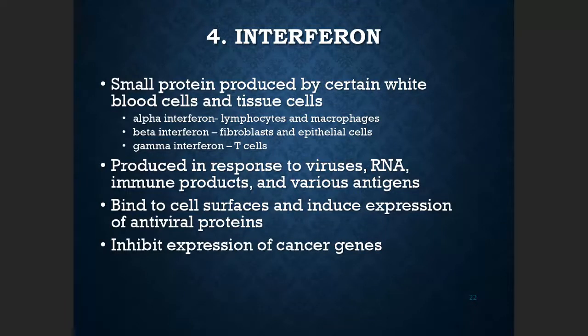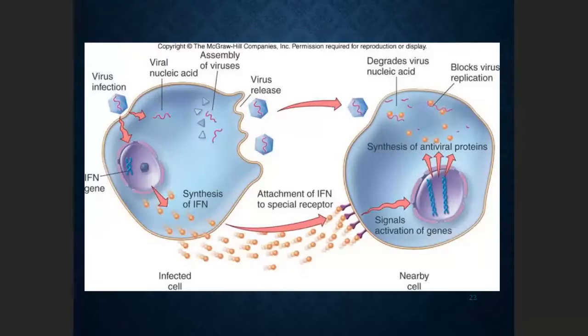The next process in the second line of defense is called interferon production. This is actually a type of protein produced by the infected cell. We're going to see the process over here. Let's say this is our cell that is being infected by viruses.